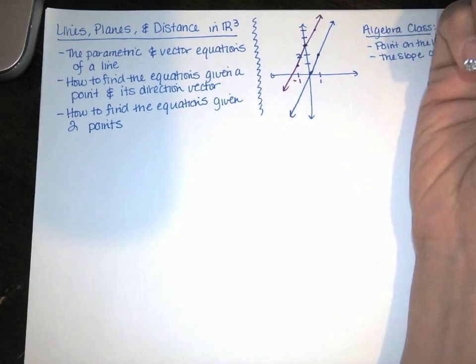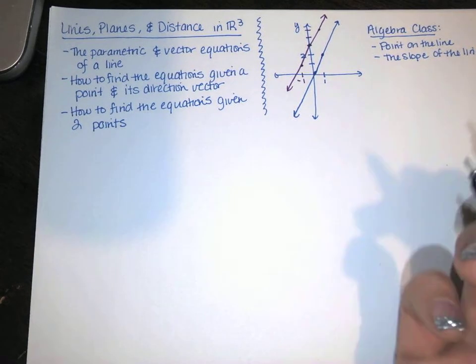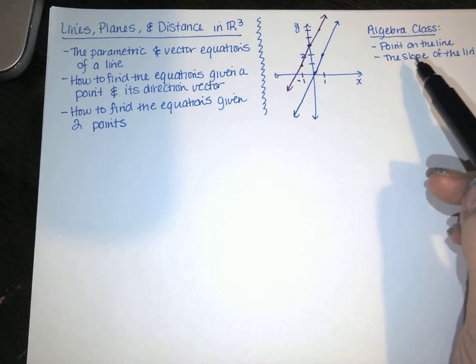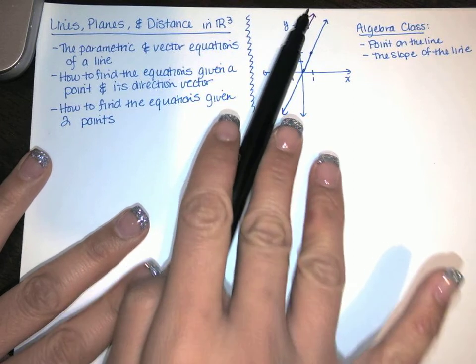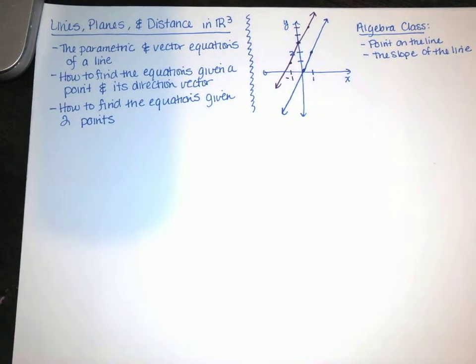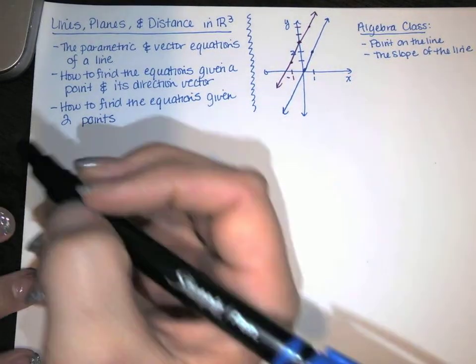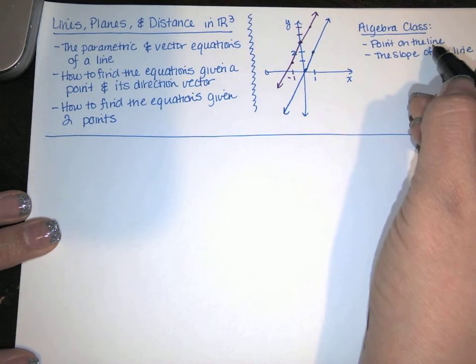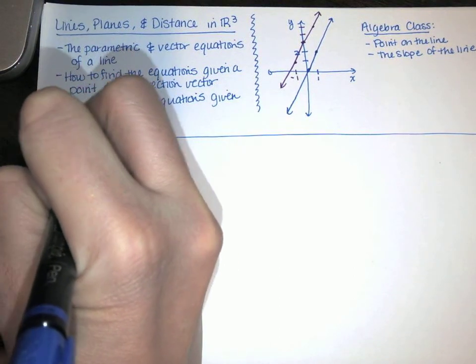In Calc 3, when we're looking at lines in space, or even lines in Rn, we need exactly the same thing. We need something to describe the direction of the line, to tell us which way that line is going in three-dimensional space, and then we also need a point on the line to distinguish that line from all the other lines that are going in exactly the same direction. I bet you can guess, well, we still need a point on the line to find the equation of a line.